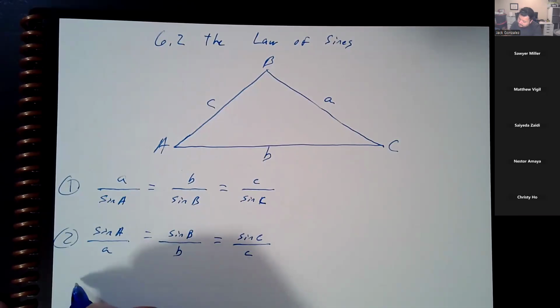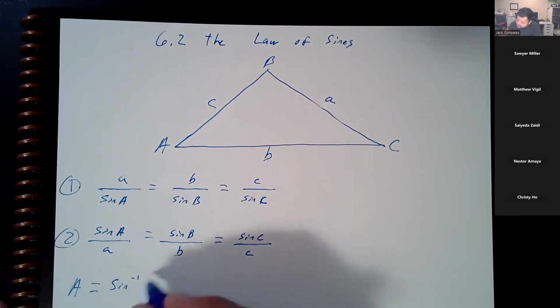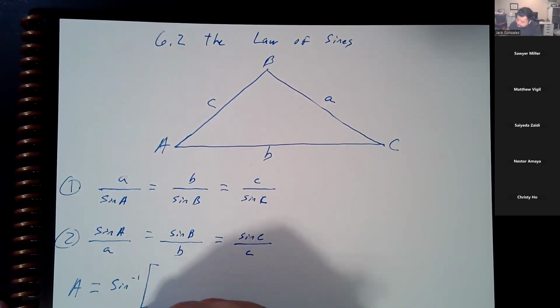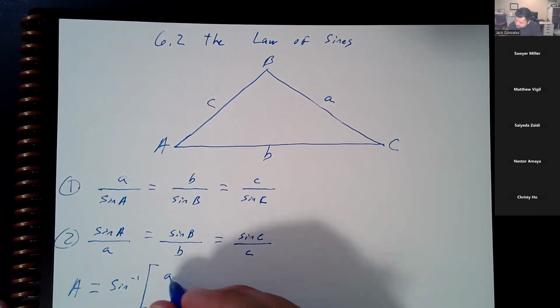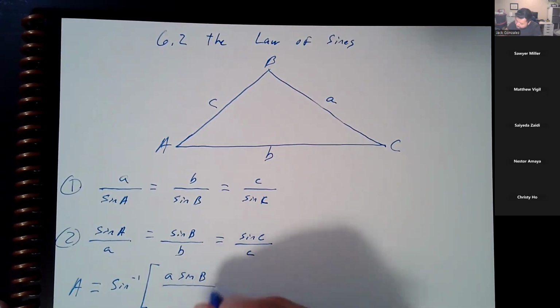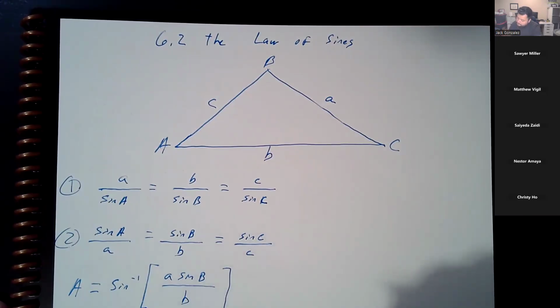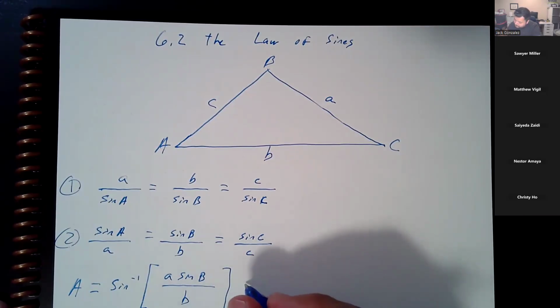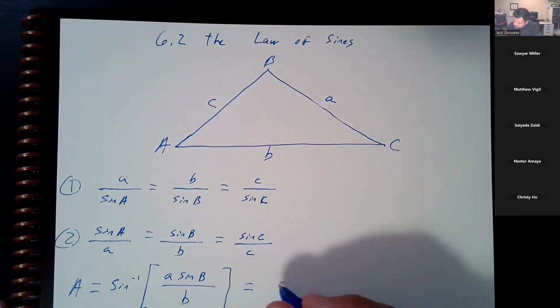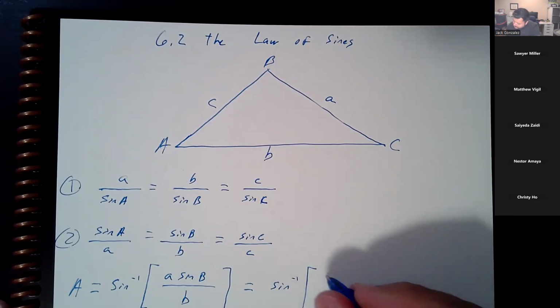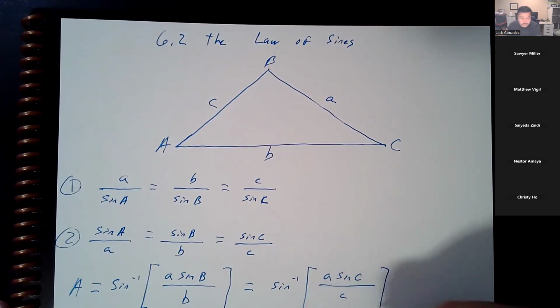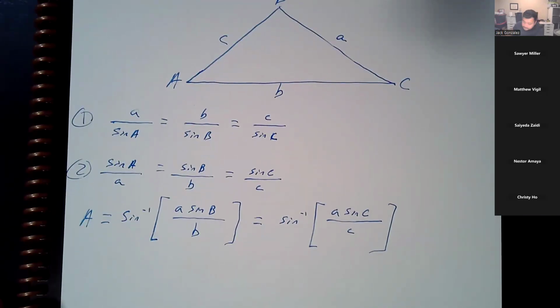But what I could do is say that A is equal to sine inverse of little a sine B over B, or sine inverse of little a sine C over little c. So you can use these to find angle A if you need to.